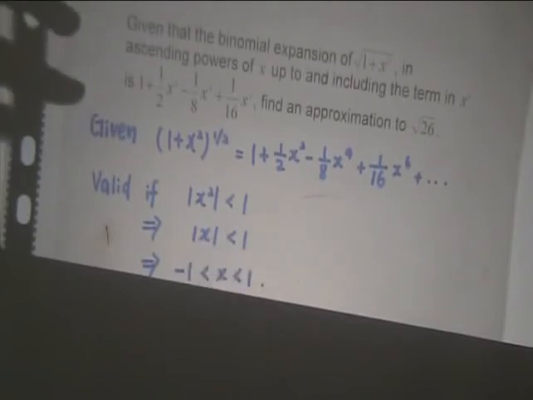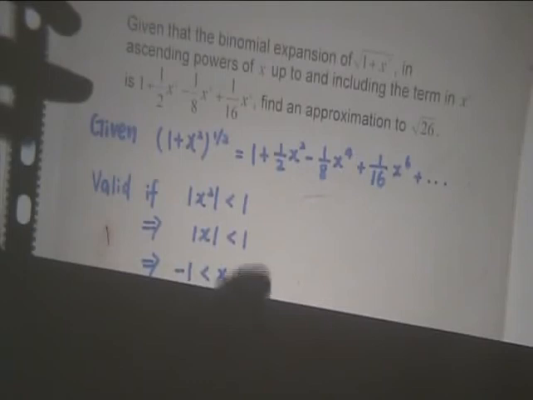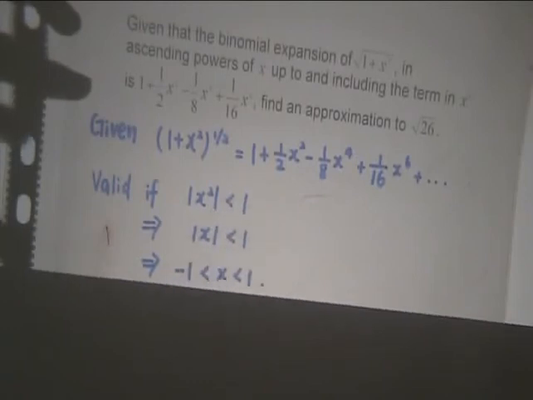We can square root both sides of the inequality because we know that both sides are positive. x squared will always be positive and 1 is also positive. Therefore I can square root both sides. You can only square root both sides when both sides are positive.